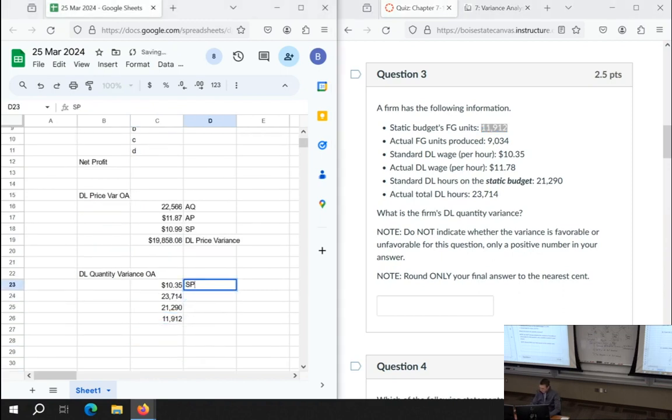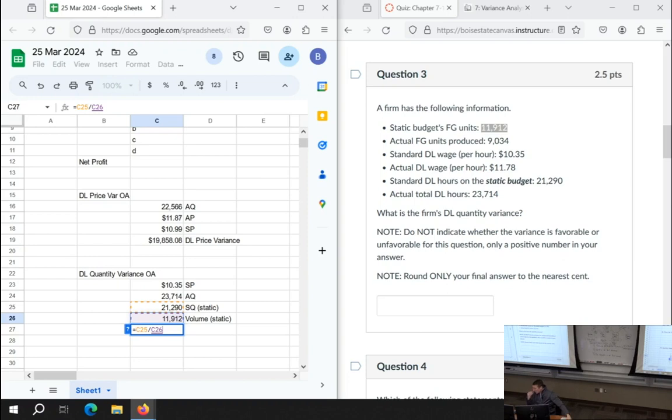All right, so let's label these. Actual price, standard price, actual quantity. And this is standard quantity static. And this is the volume expected on the static budget. That means that our standard quantity per unit has to be SQ static over volume static.